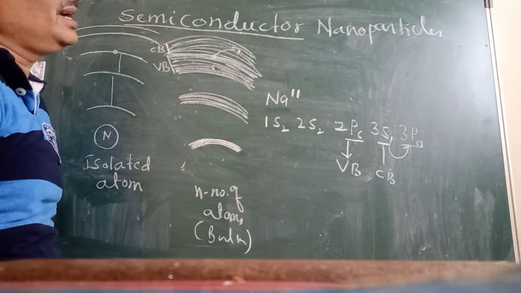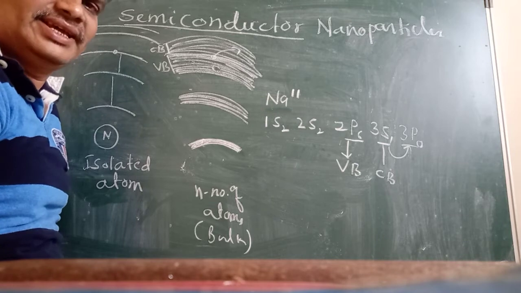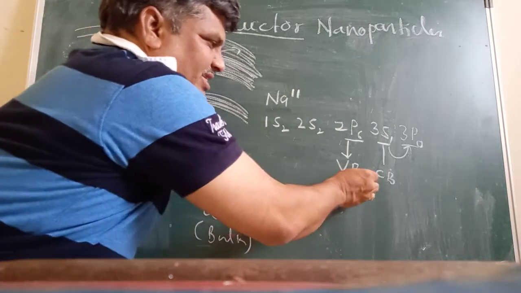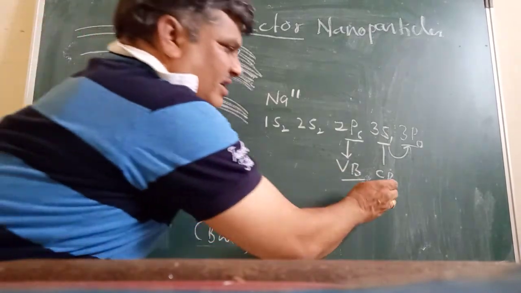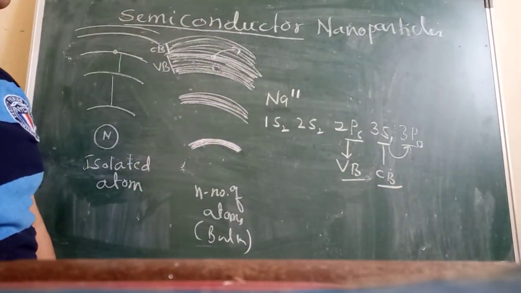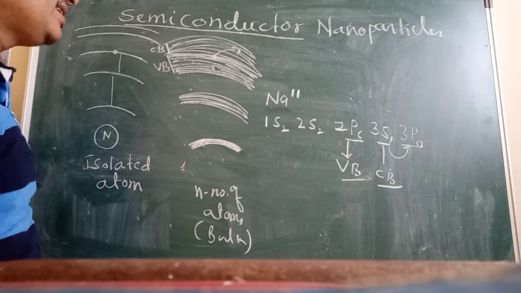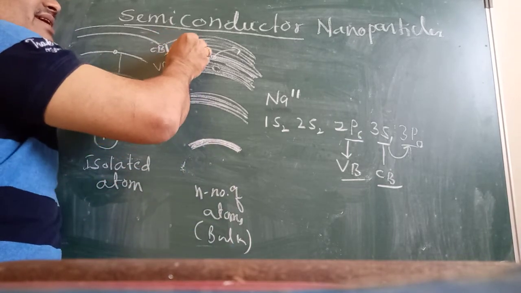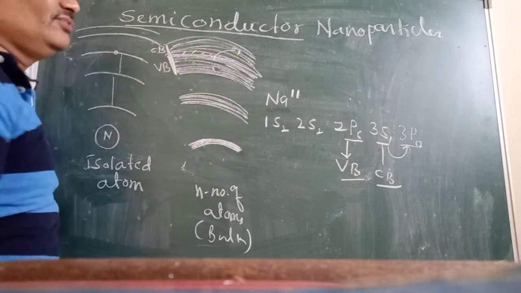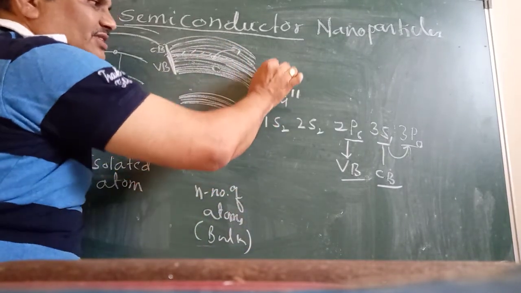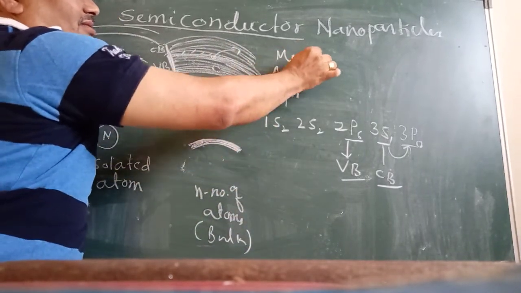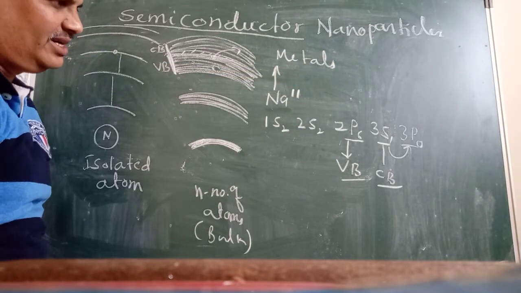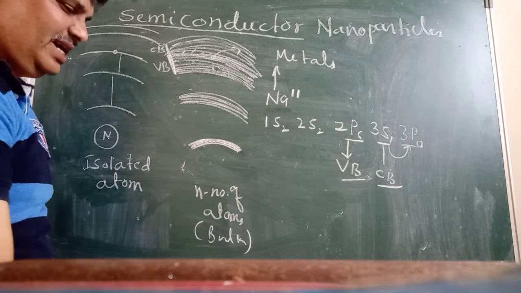But such free electrons are not available in semiconductors. In a semiconductor or insulator, the valence band is completely filled and the conduction band is completely empty. I said that in metals the valence band and conduction band overlap, but in a semiconductor that is not possible.